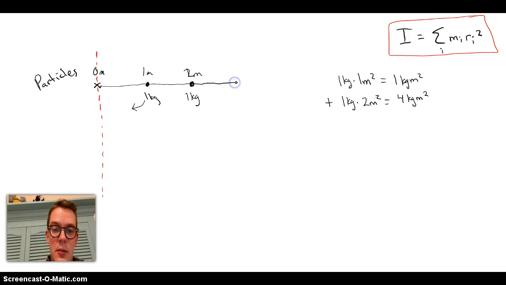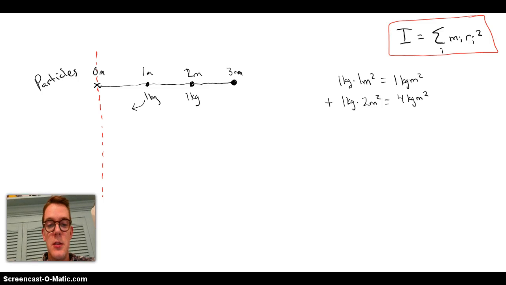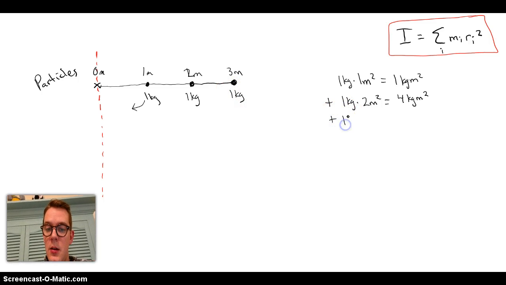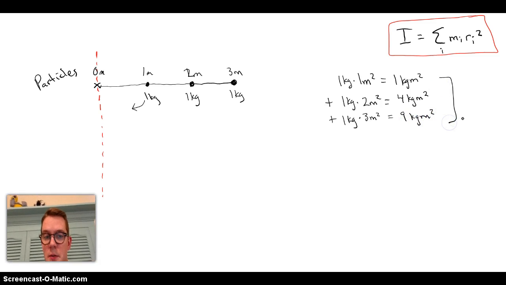And if I add on a third particle, 3 meters from the rotation axis, again 1 kilogram, I can add that on. And so now I have a total moment of inertia for this 3-particle system of 14 kilogram meters squared.